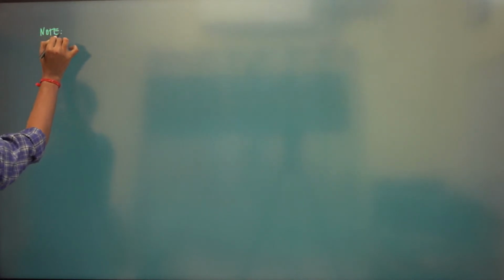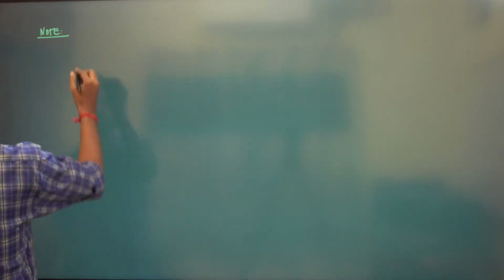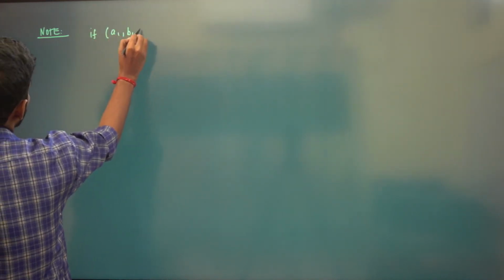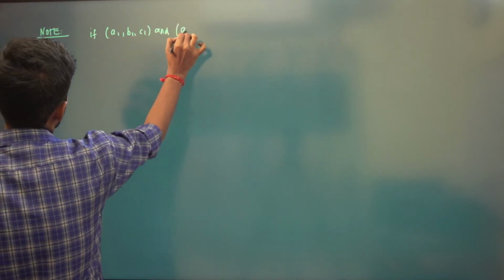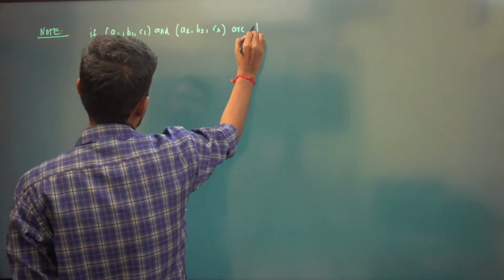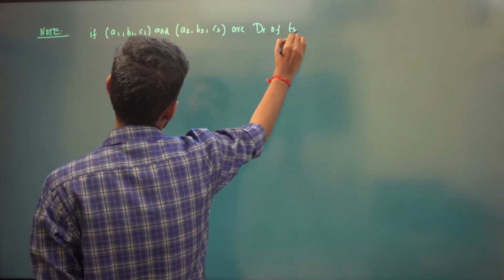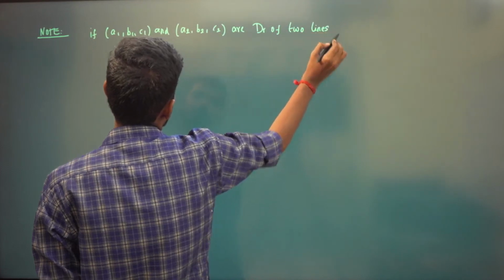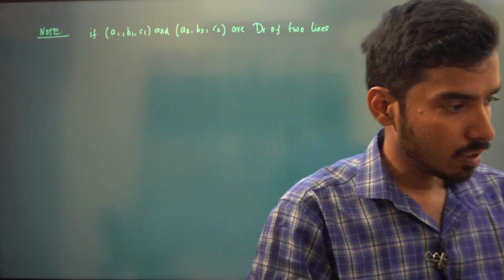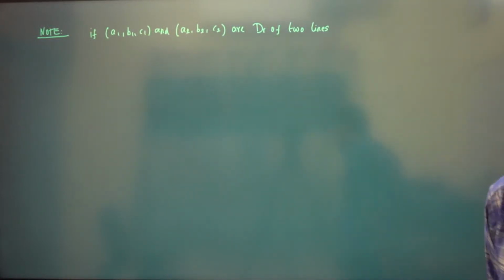Okay. Note. What this note says is a very important note. If A1, B1, C1 and A2, B2, C2 are direction ratios of two lines, what is cos theta?